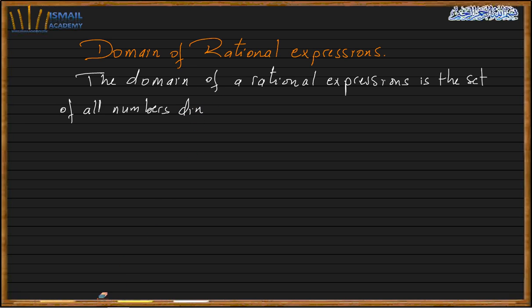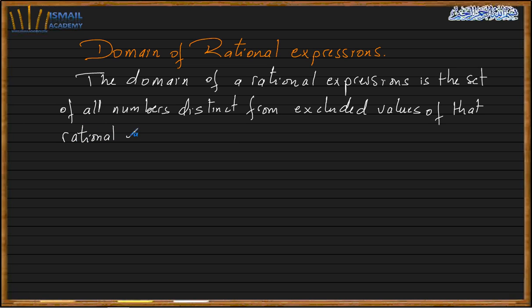This is why we talk about excluded values first. So I will take all numbers except the excluded value. So in order for me to find the domain, I just look for the excluded value. So it's exactly how we do that.